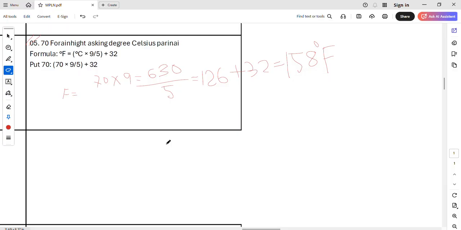Okay, the formula, if asking for degrees Celsius, how we find that based on the question is 70 degrees Fahrenheit. Okay, 70 degrees Fahrenheit, subtract 32.